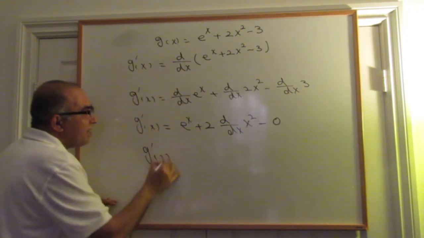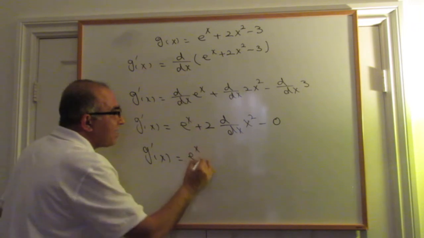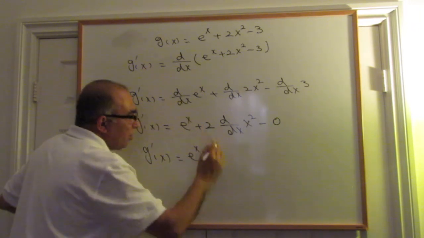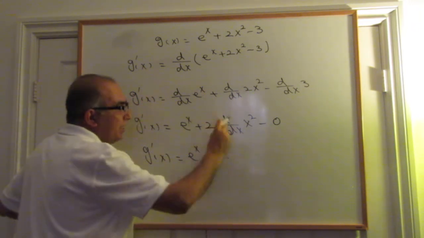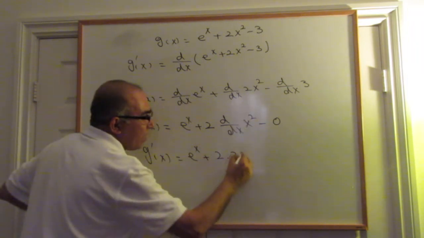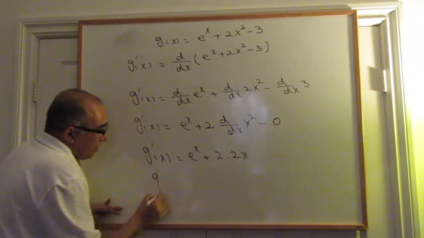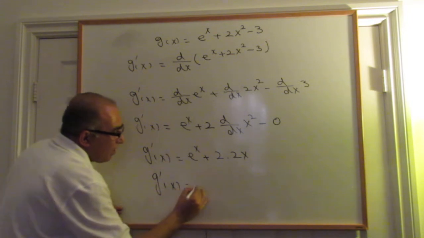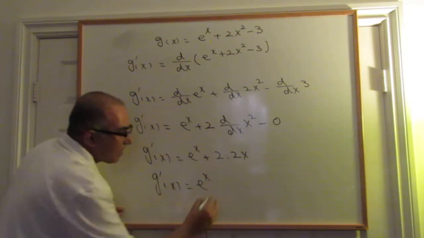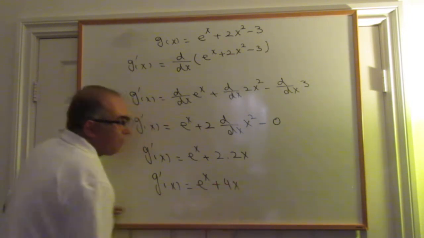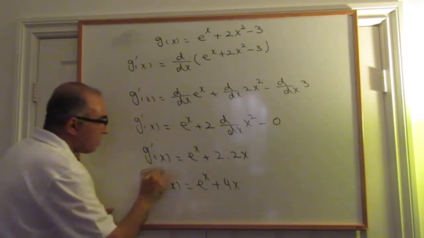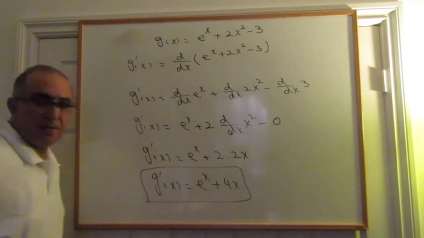Then g prime x equals e to the x plus 2 times d dx of x squared, which is 2x. G prime x equals e to the power of x plus 4x. This is the first derivative of the second function.